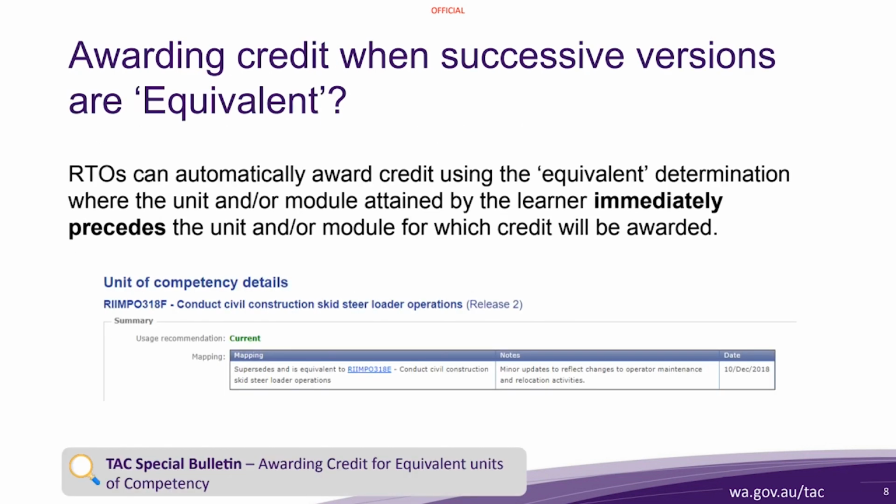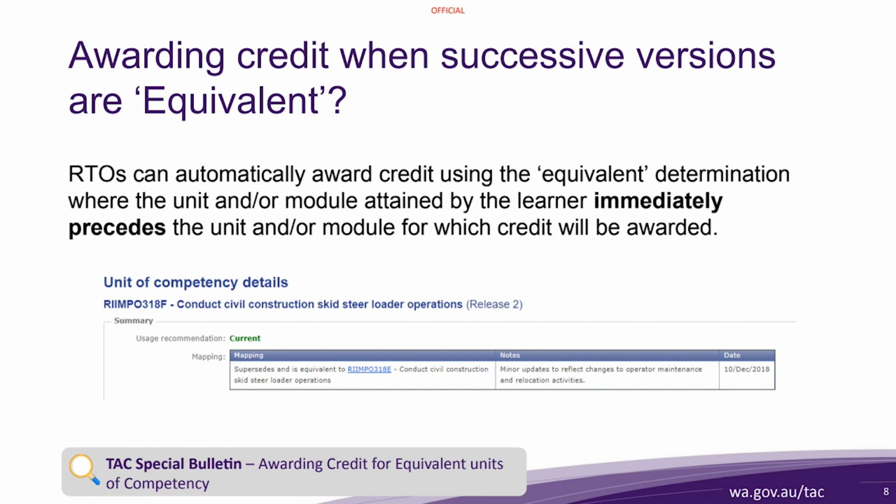The question that then arises is what can you do when there are successive versions that are equivalent? If you look at this particular example here, and we'll be touching on this later on, the F version is preceded by an E version, which in turn is preceded by a D version, which was preceded by a B version, going back to 2013.